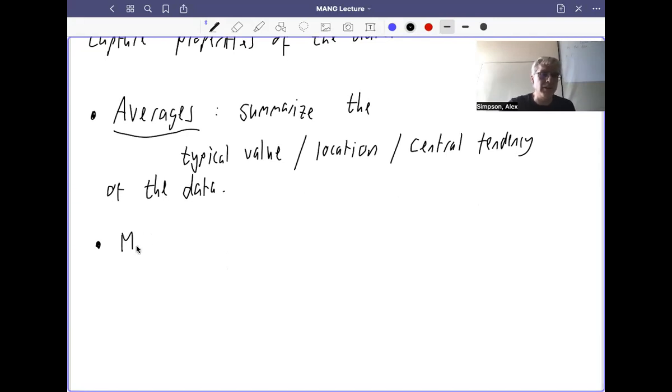We can call these measures of spread. How much spread, that's variation, how much do values differ from each other? Spread or dispersion is another word that's used in this case.